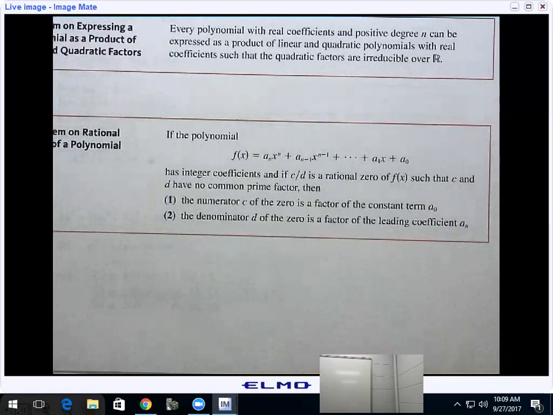What this theorem allows me to do is narrow down the pool from there are infinitely many things I could have to try, and that's horrible, just makes me want to change my major, to there's a finite number of things that I could possibly have to try in looking for the rational zeros of a function. So let's see how to apply that theorem.